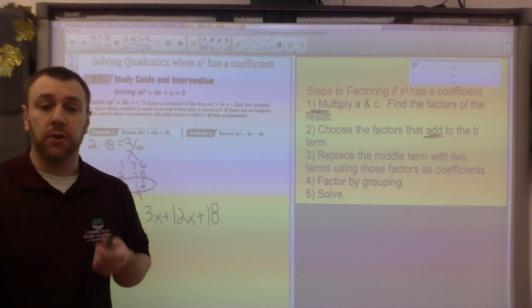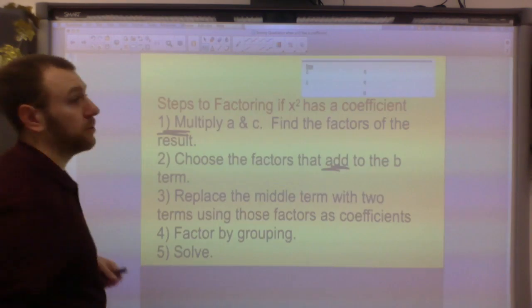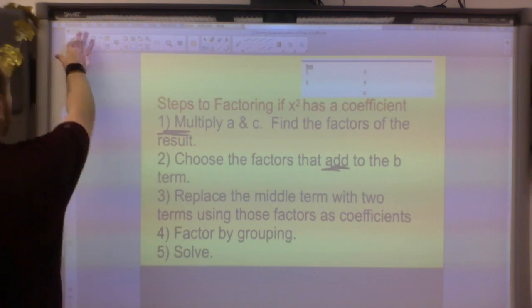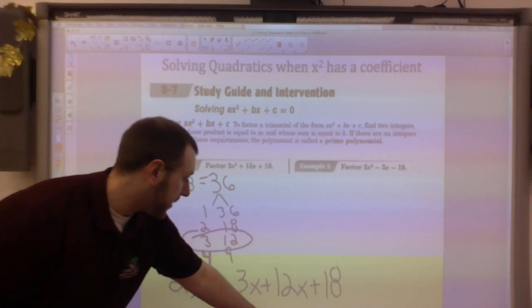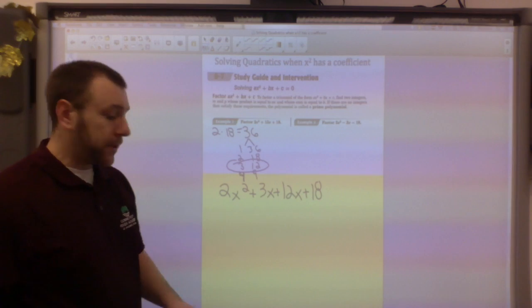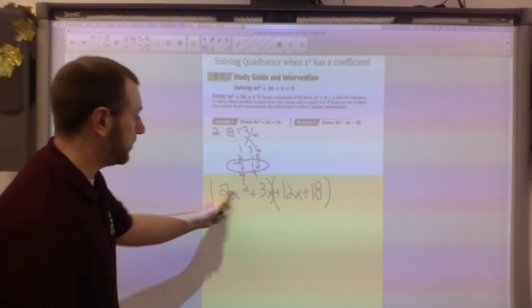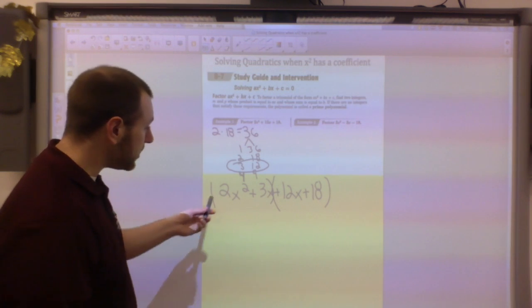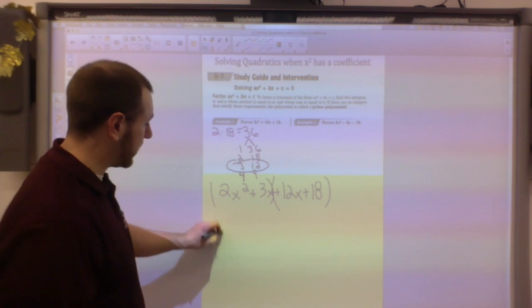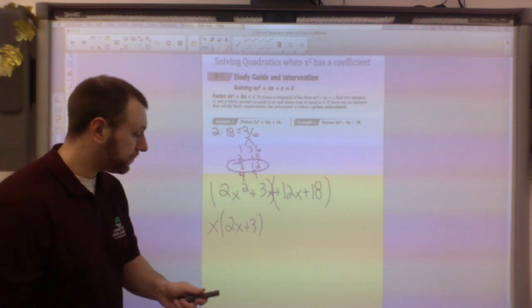This is just going back to that same procedure that we talked about before. Now I'm going to factor by grouping. I'm going to group the first two terms and the second two terms, and look for what's common. In this case, only an x is common, so I'm left with 2x plus 3.